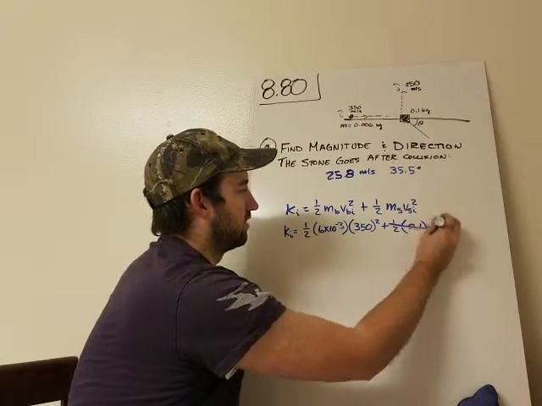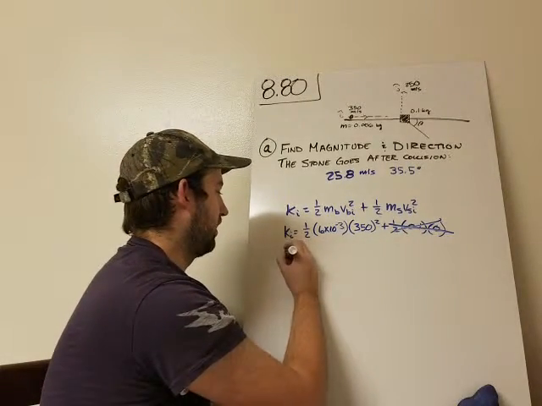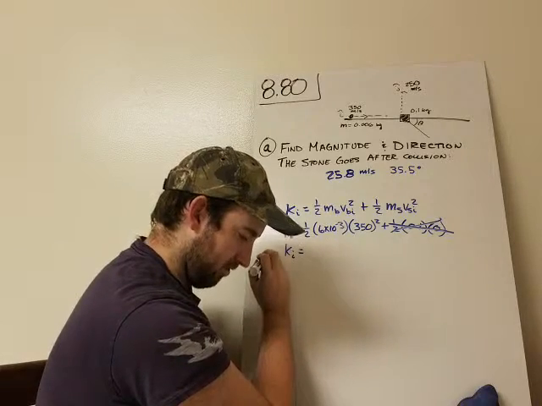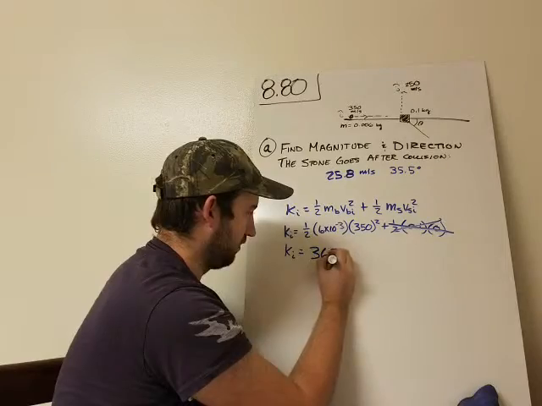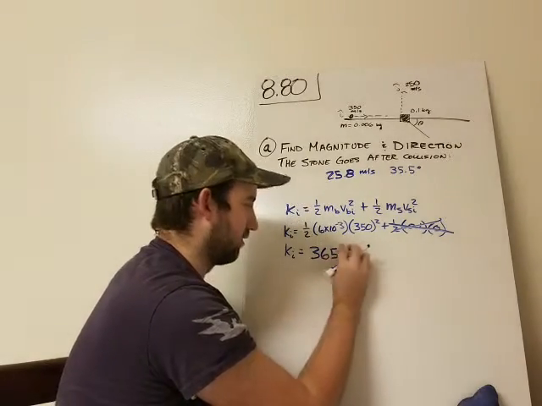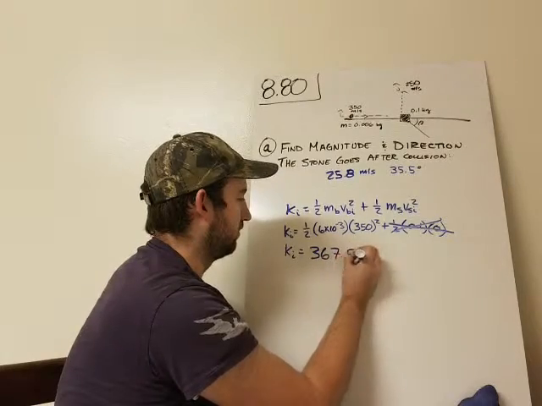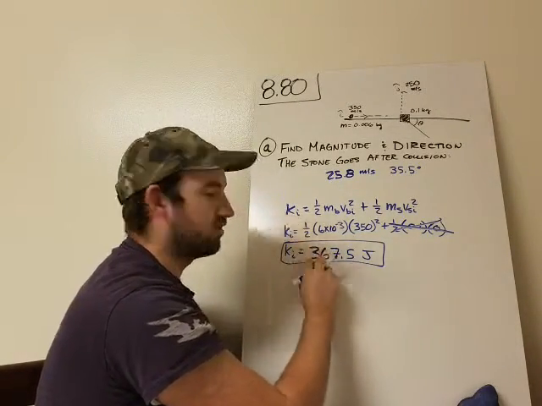So this all cancels because that's 0. So we end up with K_i equaling, throw that into your calculator, you get 367.5 joules of energy. So that's our initial energy.